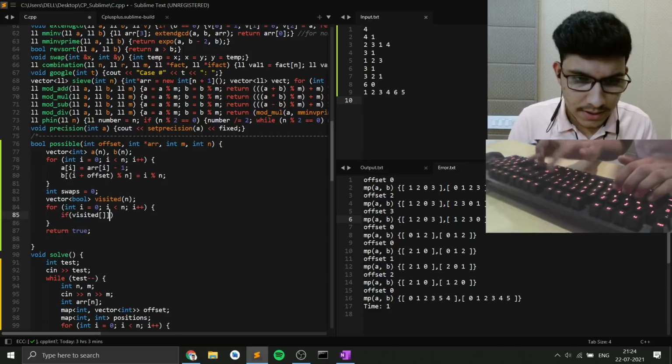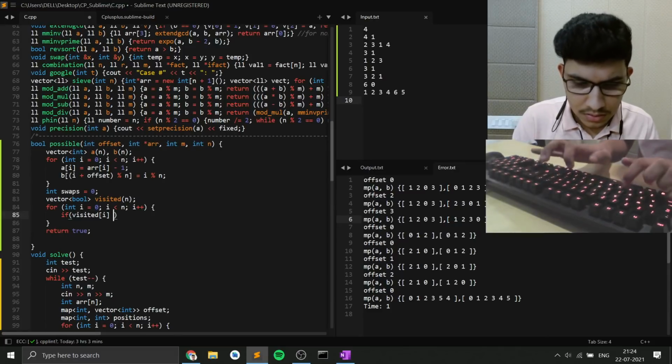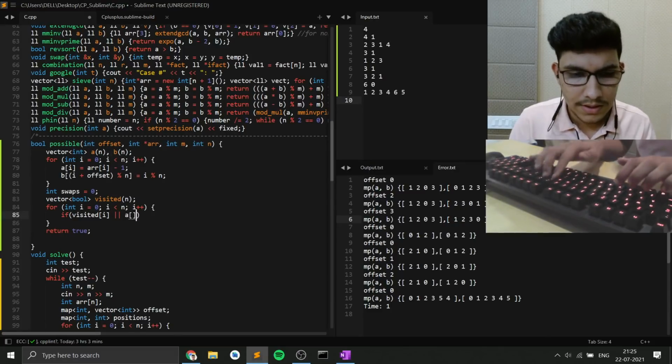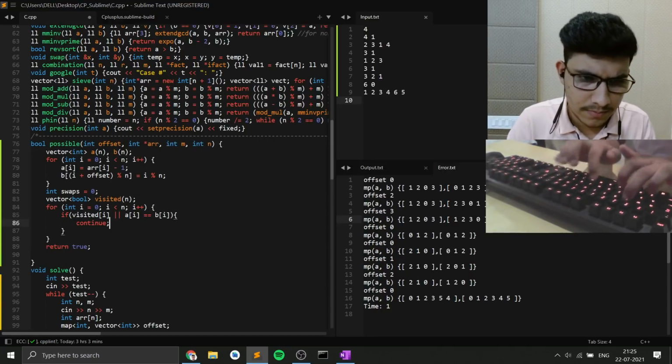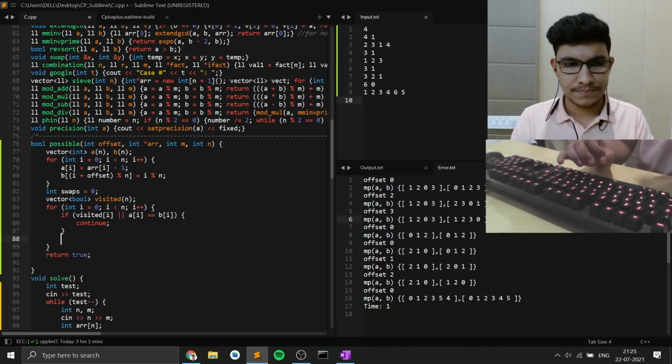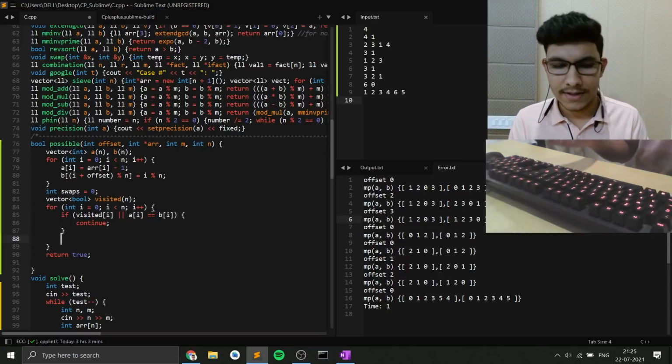Right, so if visited at I or A at I equals to B at I, then I don't need to do anything. Else, yeah, else I need to form a cycle here.